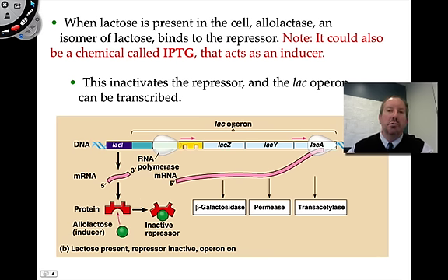We also discovered there's a chemical called IPTG. It's also an inducer. It's not lactose, but I bring this up because we're going to be working with it in the lab. You can add this to the media when you're growing bacteria, and it simulates the presence of the sugar.